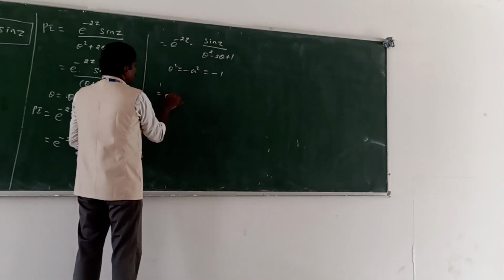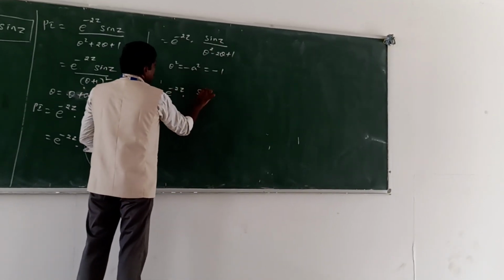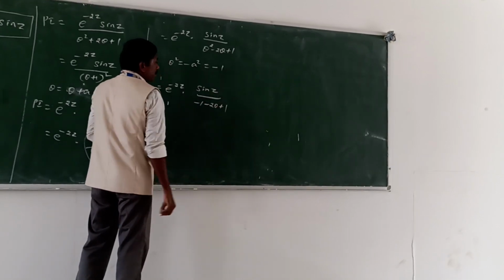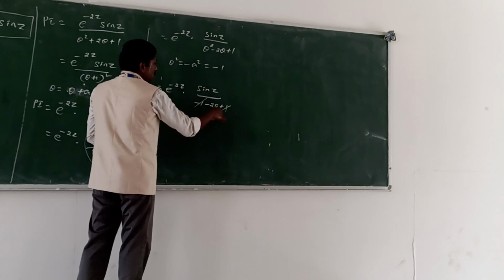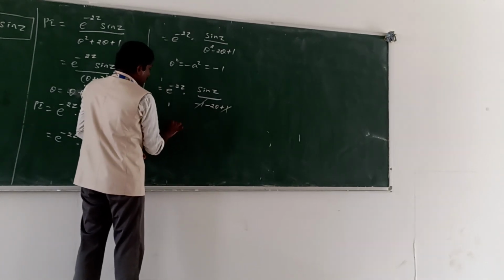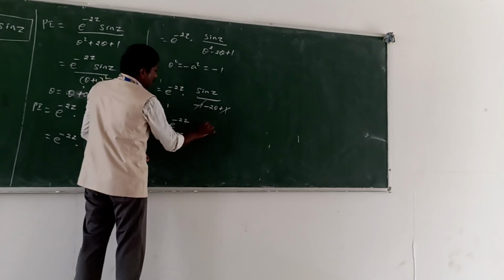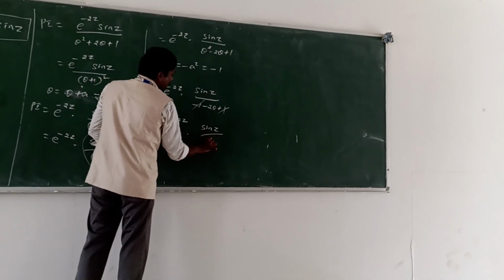Now substitute: sin z by minus 1 minus 2 theta plus 1. Here minus 1 plus 1 cancel. So remaining e power minus 2z, sin z by minus 2 theta.